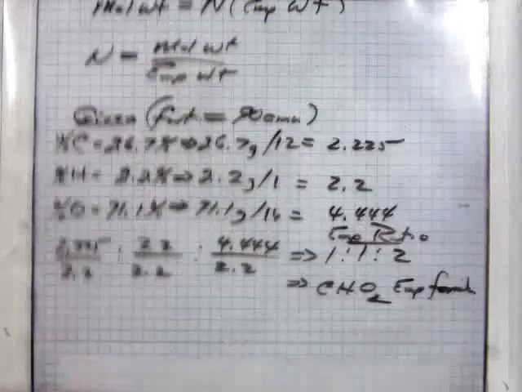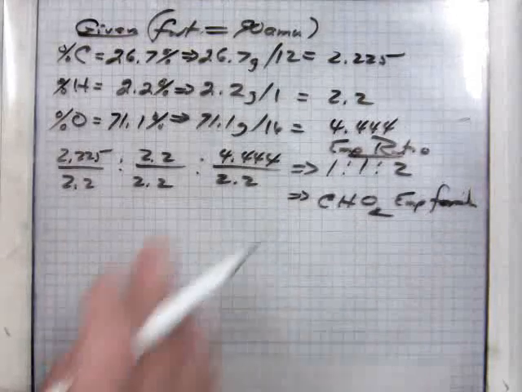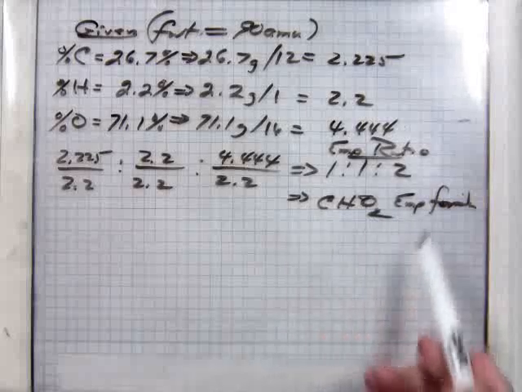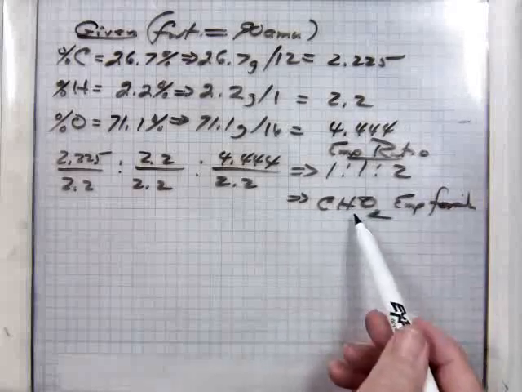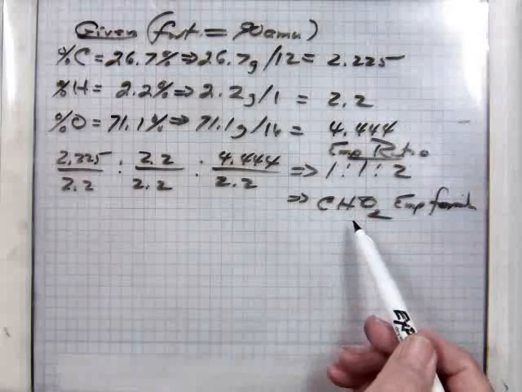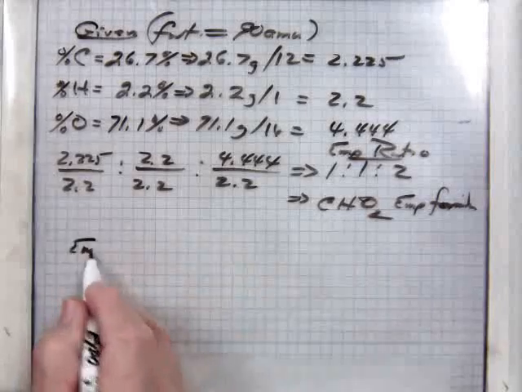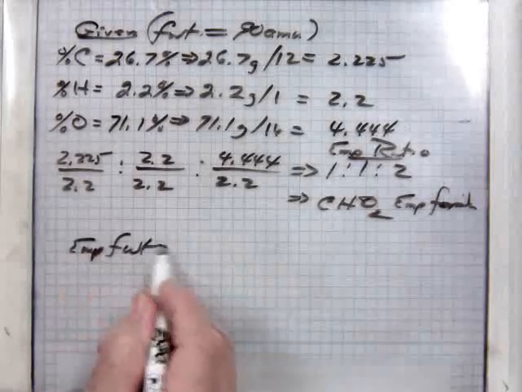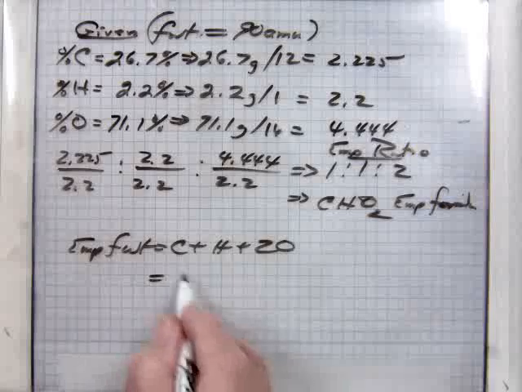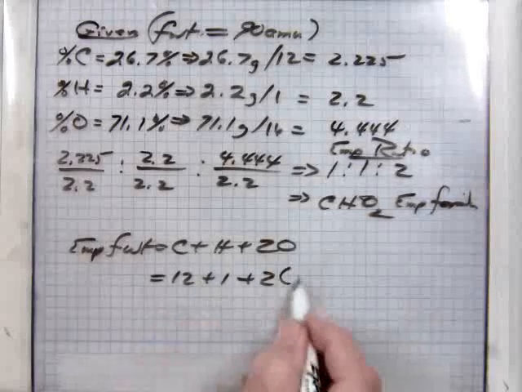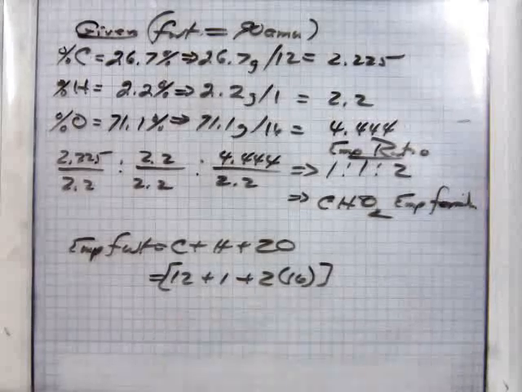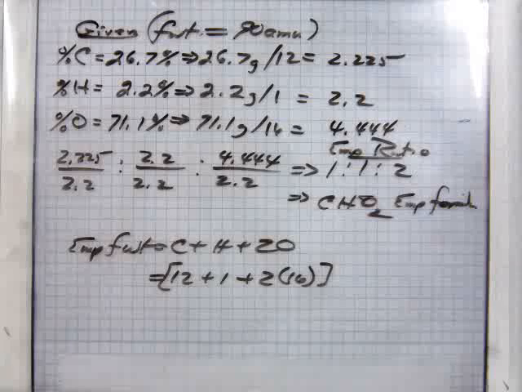So, in determining the molecular formula from the empirical formula, we need to calculate the empirical formula weight by adding up the atomic weights. So empirical formula weight is equal to carbon plus hydrogen plus 2 oxygens. Of course, that's 12 plus 1 plus 2 times 16. And you can keep it in atomic mass units because they're going to drop out anyway.